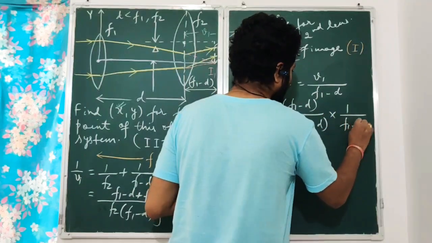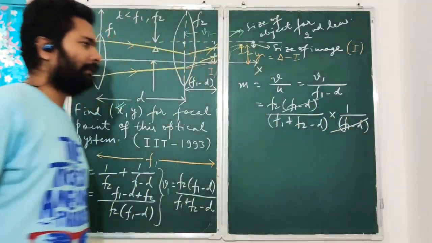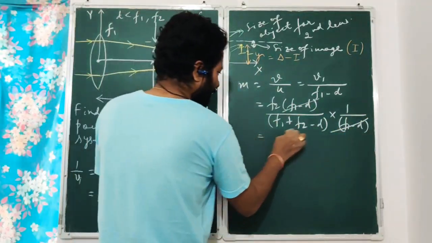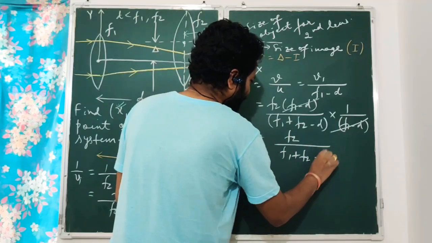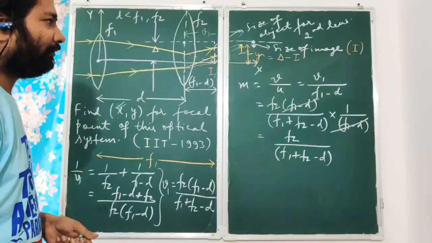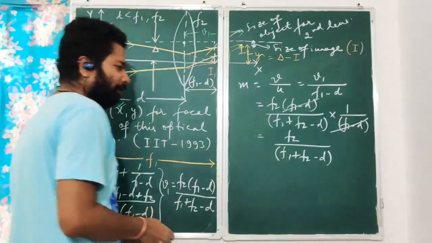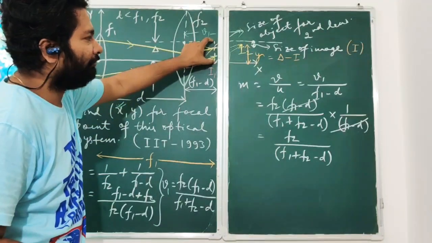So it will be 1 by (F1 minus D). So this will get cancelled. What you will get is F2 by (F1 plus F2 minus D). So that is the magnification, which is equal to size of image by size of object. I told you this will act as the size of object.